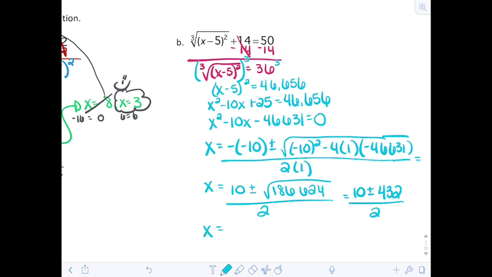So when I do the math, 10 plus 432 is 442 divided by 2. That's 221.